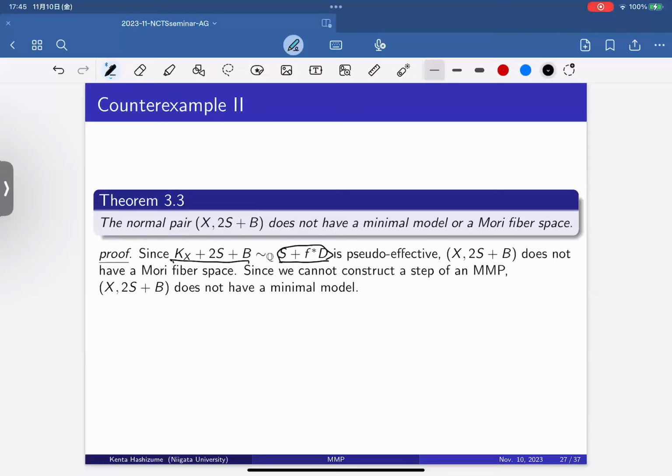Moreover, we cannot construct a step of MMP. So this pair does not have a minimum model or a Mori fiber space.